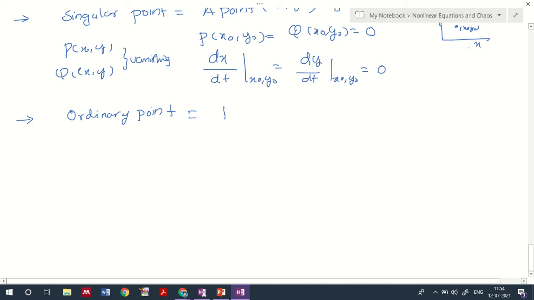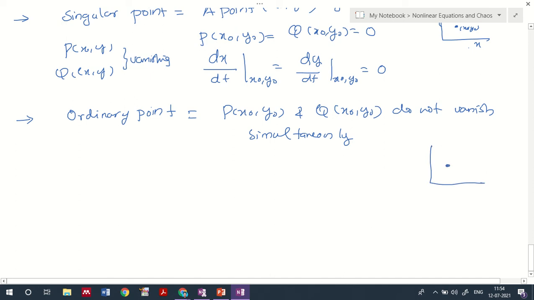Okay, an ordinary point is a point where p of x0, y0 and q of x0, y0 do not vanish simultaneously. If you consider any point, q of x0, y0 can be 0, but p of x0, y0 will not equal 0.